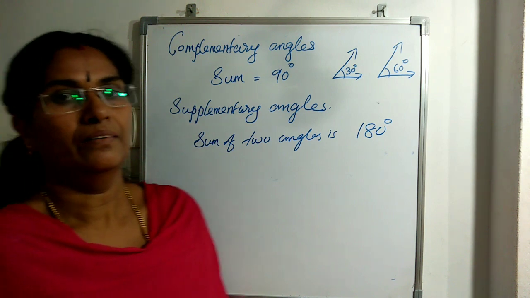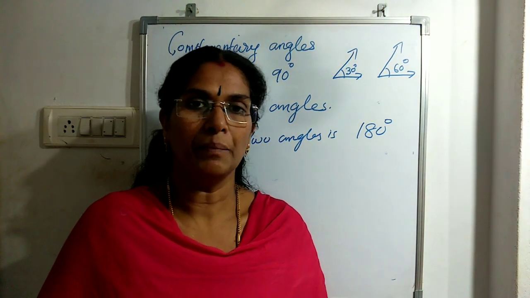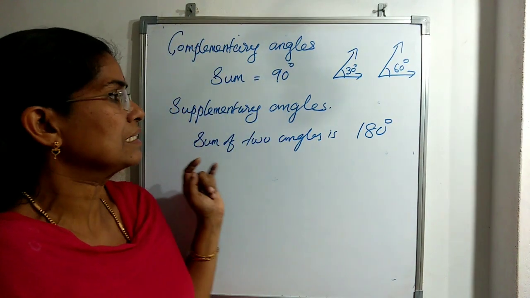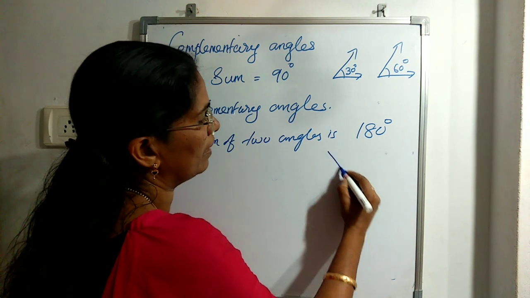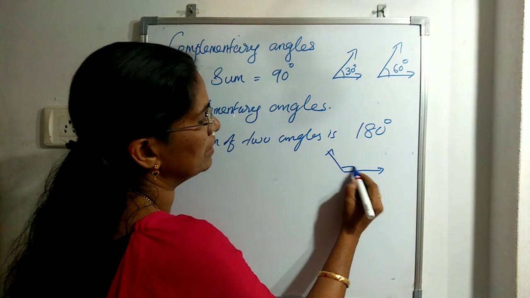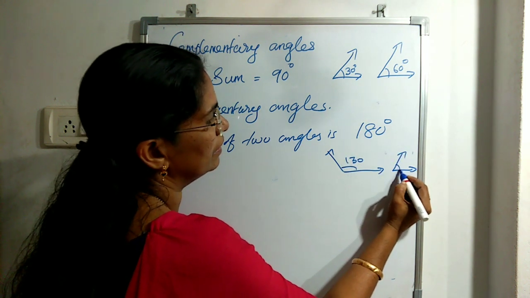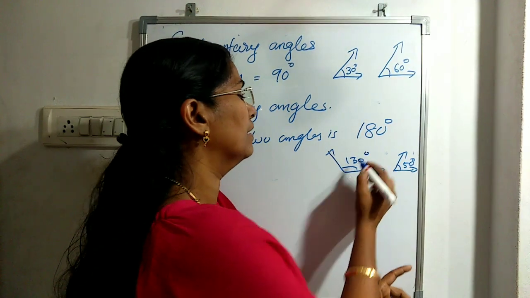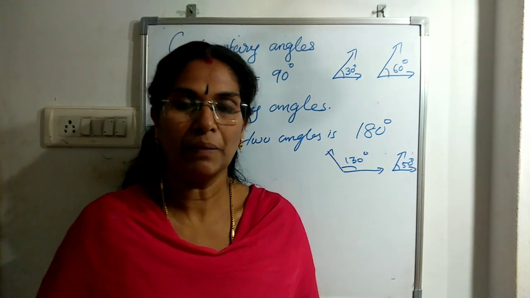When we add two angles and the sum comes to 180 degree, we say these two angles are supplementary angles. Example, suppose one angle like this is 130 and another angle like this is 50. Adding 130 and 50, we get 180 degree. So these two angles are supplementary angles.